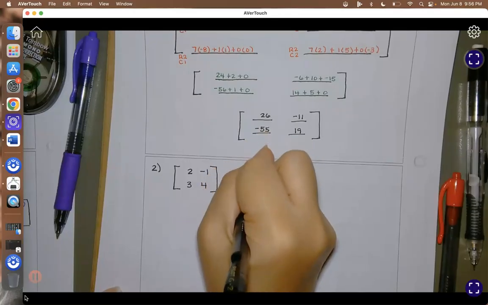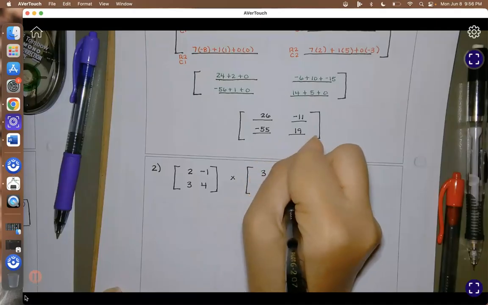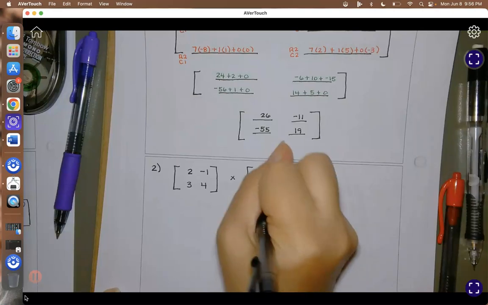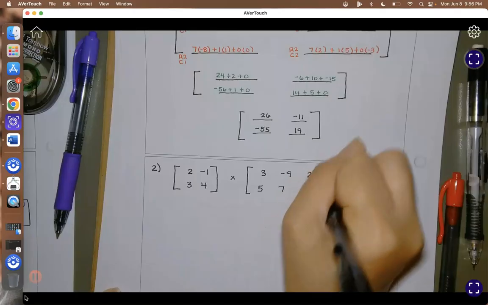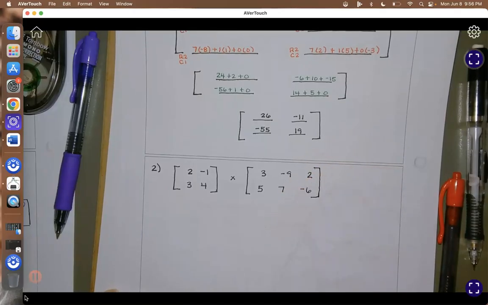Then we have 3, -9, and 2 on the first row. Then 5, 7, -6 on the second row. One thing that I haven't mentioned in the videos, and I may have mentioned in class: don't put your numbers too close together so you won't think it's 34 or anything crazy like that.